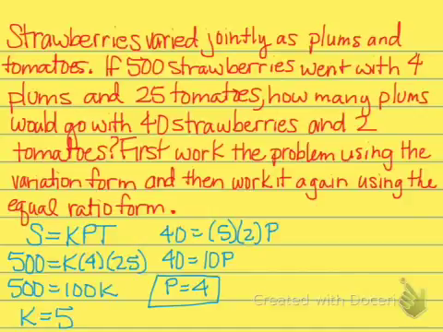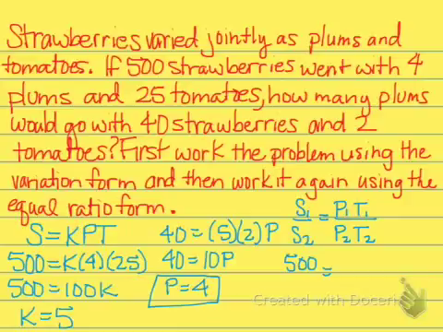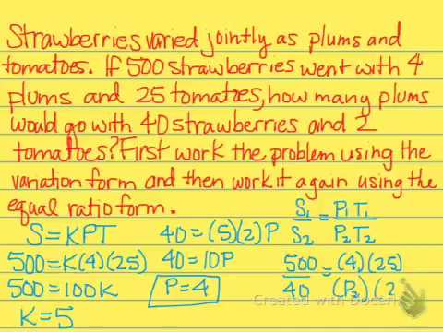Now let's use the equal ratio form. So it says strawberries vary jointly as plums and tomatoes. So strawberries, and then it's going to be plums and tomatoes over plums and tomatoes, 1s over 2s, because everything is a direct variation here. And we just plug in 500 strawberries, 4 plums, 25 tomatoes, and then on the bottom we have 40 strawberries, 2 tomatoes, and we don't know how many plums.